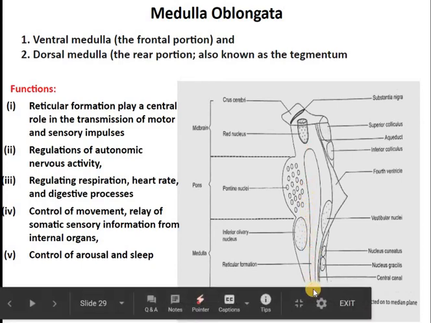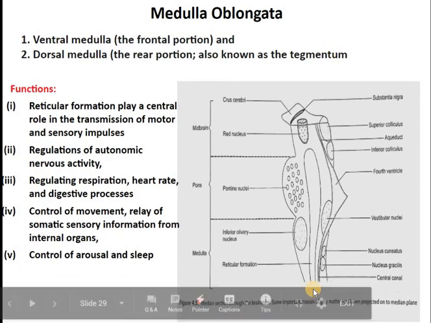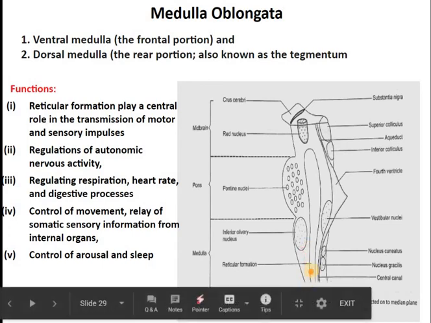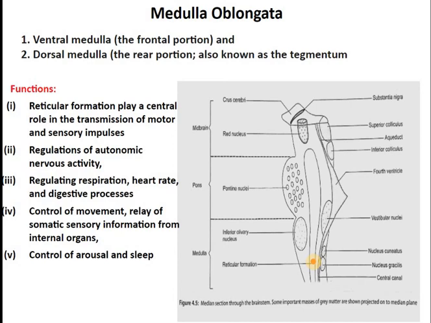So whatever peripheral nerves are carrying the information from the spinal cord, that information is coming from the higher part of the brain via the medulla oblongata. So the medulla oblongata is the midway through which the information passes towards the spinal cord. Clear? Yes, sir.